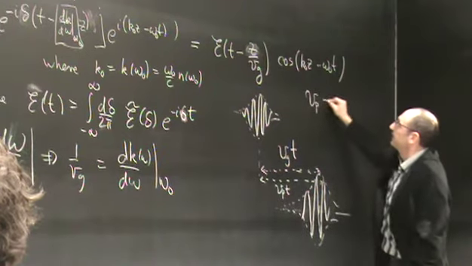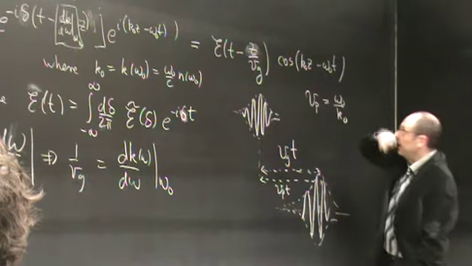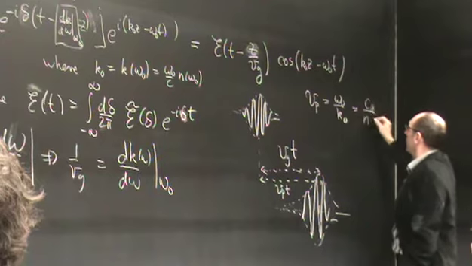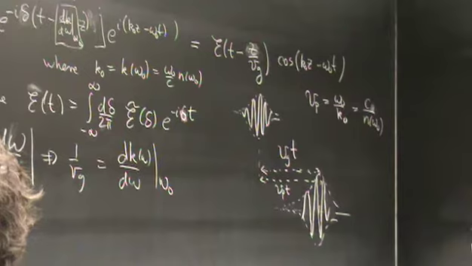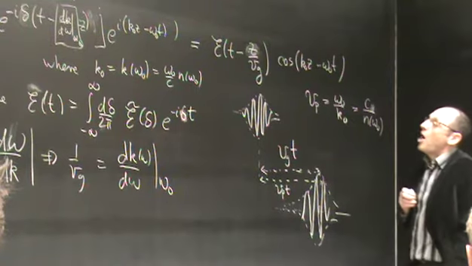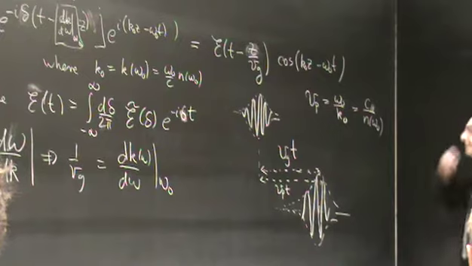So the phase velocity is omega over k, not d omega over dk, which is c over the index of refraction at that frequency. Is everyone clear on that?